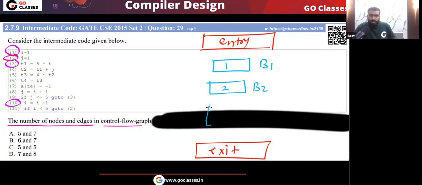The next basic block has instruction number 3 to instruction number 9. What is next? The next basic block will have instruction number 11, right? So the next basic block, let me put here, will have instruction number 11.